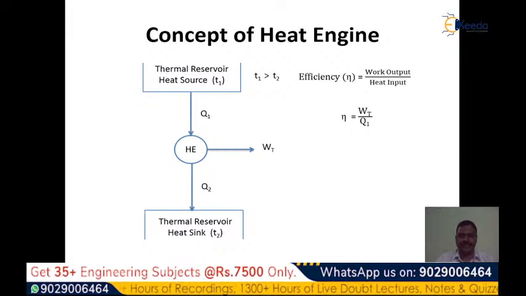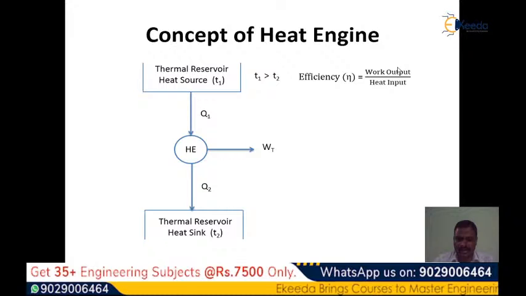See, the concept of this heat engine. Efficiency is defined as work output divided by heat input. So here efficiency means what portion of energy is converted into work. That is, what portion of heat that is supplied, Q1, is converted into work is efficiency.